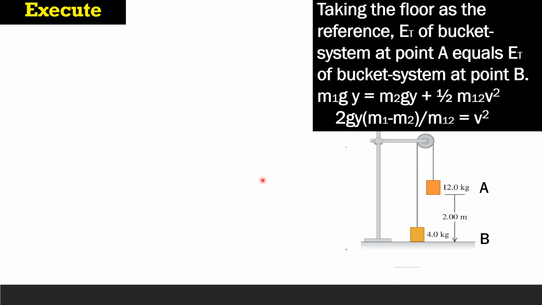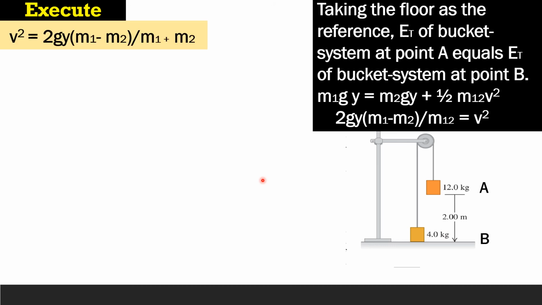So this is how we are going to calculate the final speed of the system, V2 or V, no subscript because that applies for both mass M1 and mass M2. This is our working equation: V squared is equal to 2gy multiplied by the difference between M1 and M2, and all of this will be divided by the total mass, meaning M1 plus M2.